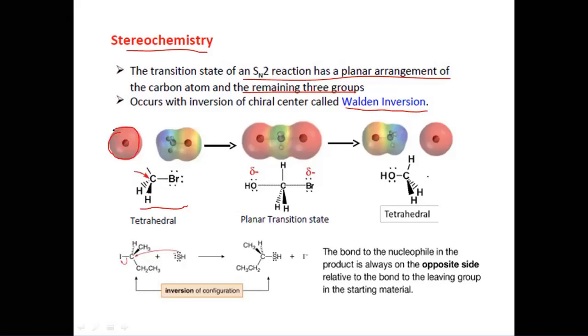This will act as a nucleophile, and the nucleophile prefers to attack the carbon in tetrahedral geometry. So during this reaction, the nucleophile prefers to attack the carbon.